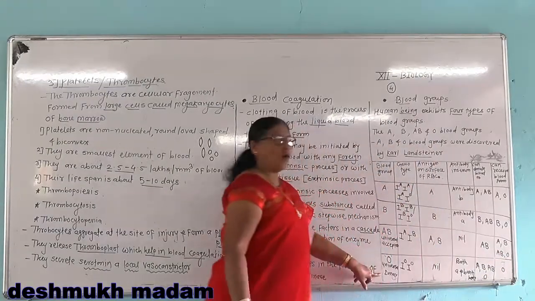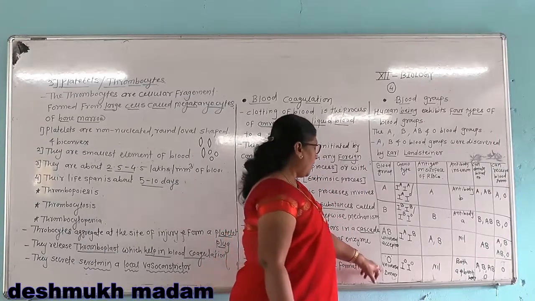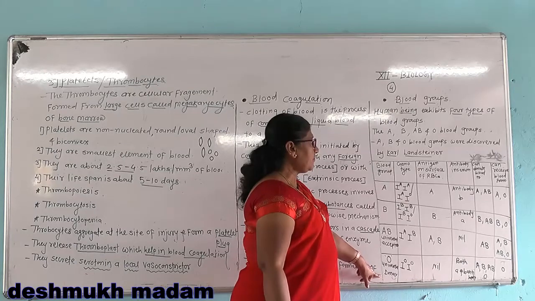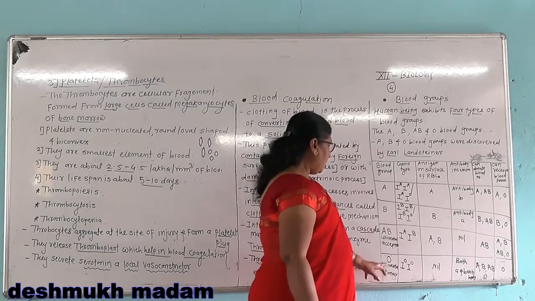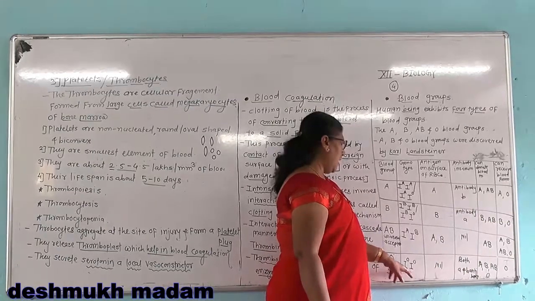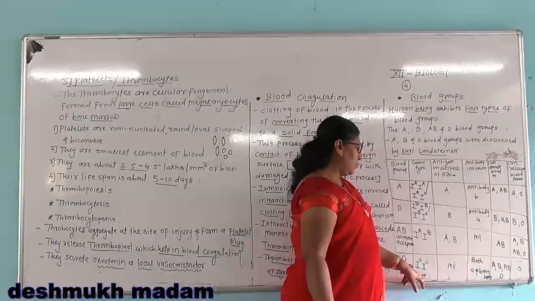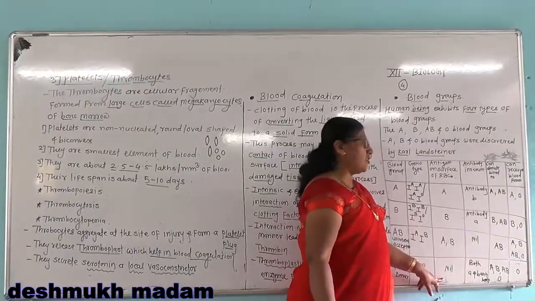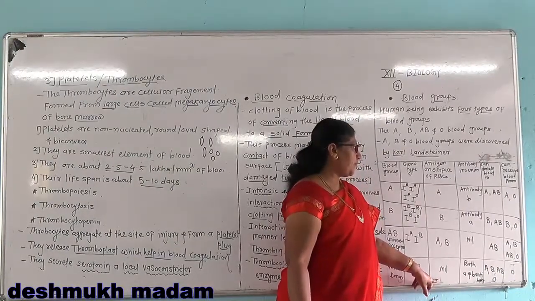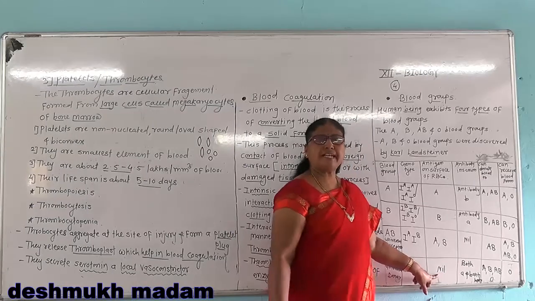Then the fourth blood group, O, is the universal donor. The genotype of blood group O is IO.